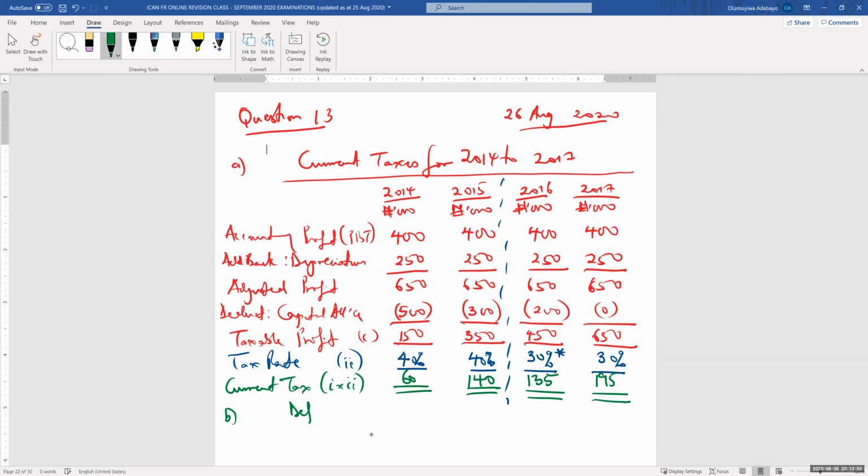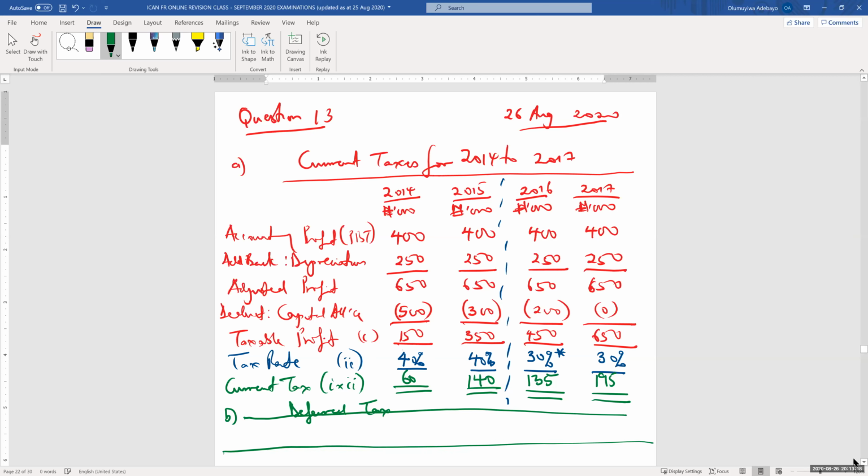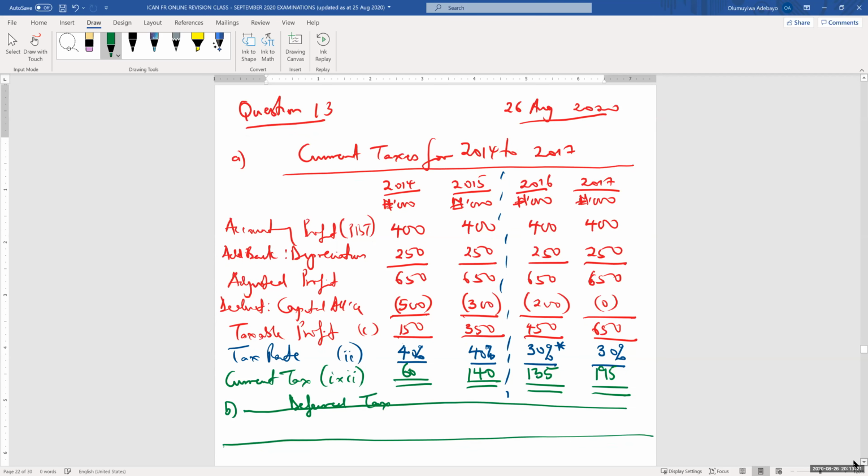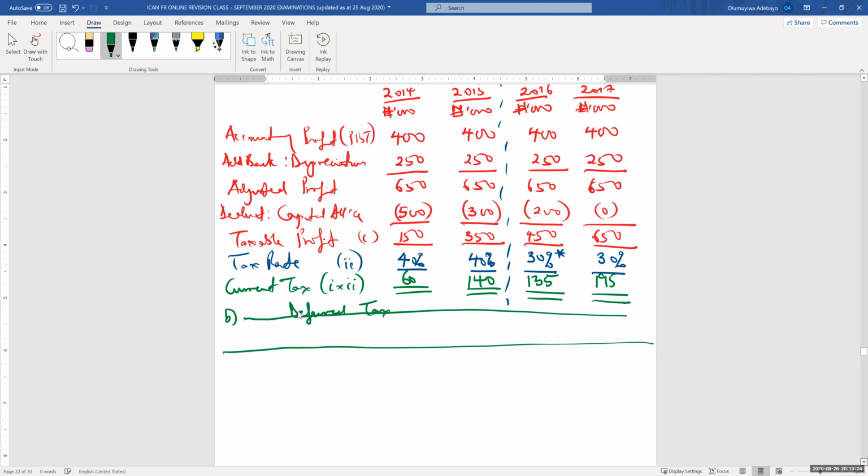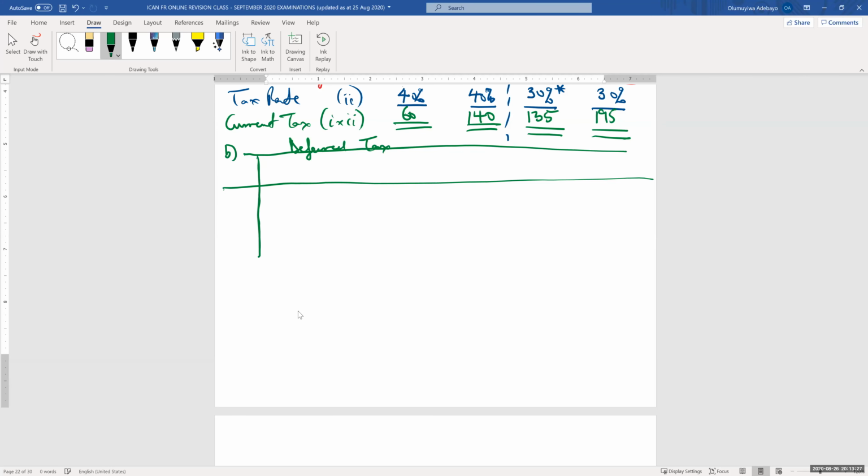Now our deferred tax. Remember, the years 2014, 2015, 2016, and 2017.